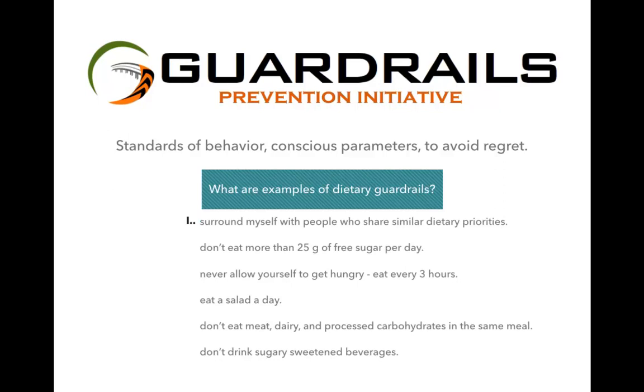We all have created some sort of dietary guardrails. Listed on the slide are a few examples, including who you surround yourself with, limiting intake to a certain number of grams or calories, regulating food timing, or eating a salad every single day. And if you have these standards of behavior, when you break the standard and you overconsume the sugar or underconsume the salad, you're going to return back to your norm.